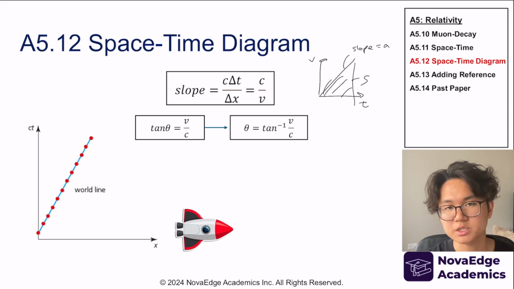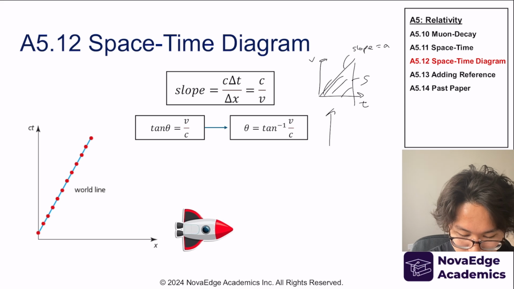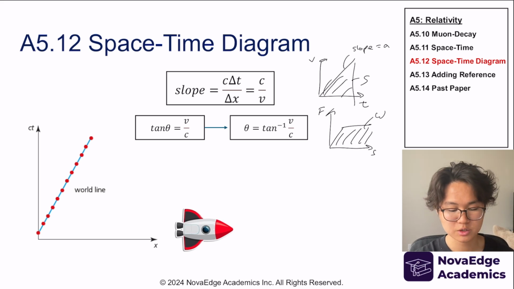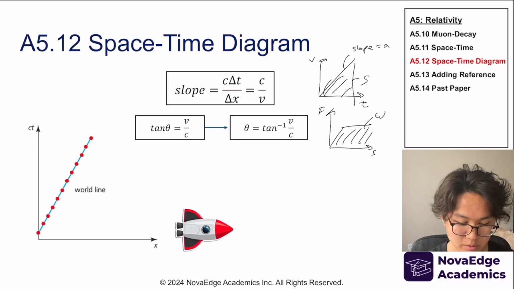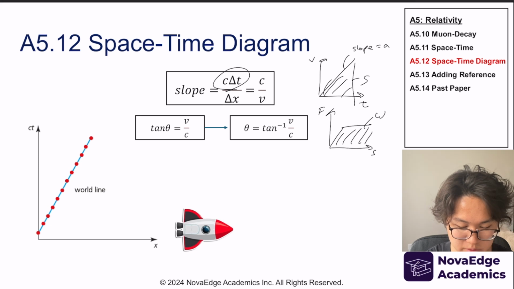We've already covered this in topic A1, 2, or 3, I forgot which one, but we've already done this way before. Same thing with force displacement graph. Force displacement graph, the area underneath the curve represents the work done to the system, right? So every diagram, it's either the slope or the area or both of them that's significant. For our space-time diagram, it's actually the slope. The slope, if you can see here, it's delta c times delta t over delta x, right?